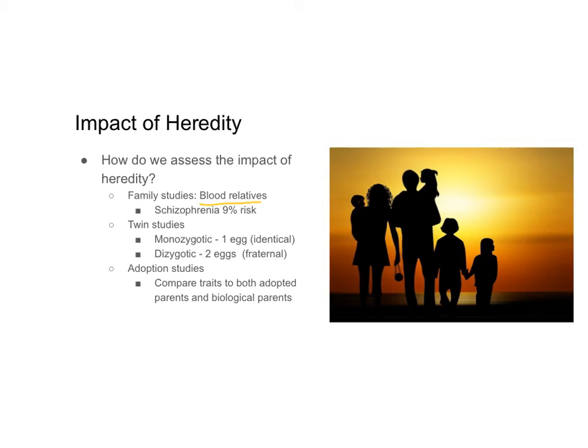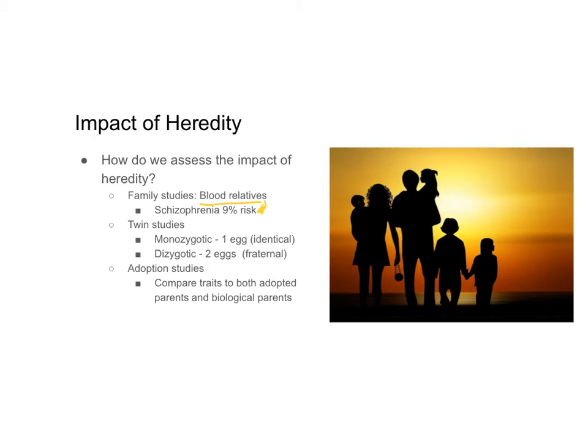And we know that if you are a blood relative, you have a 9% risk of getting schizophrenia if someone else in your family has schizophrenia. That's a pretty high significance. Remember, we said anything above 5% is statistically significant. So this is pretty statistically significant.